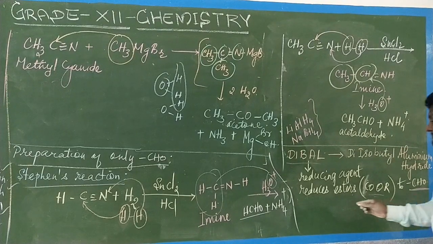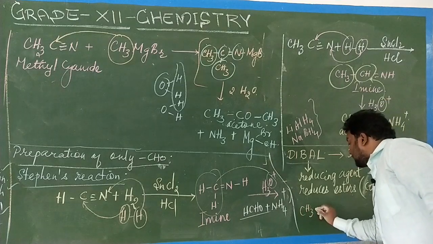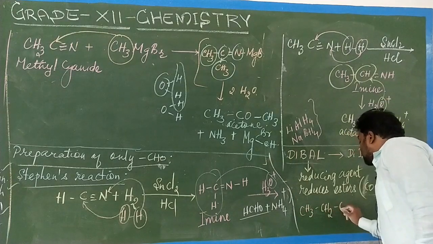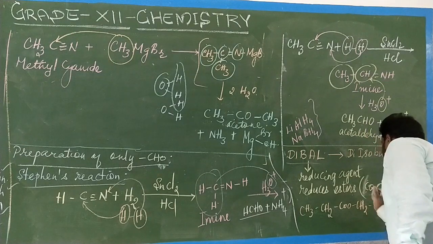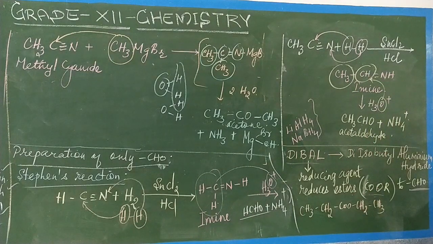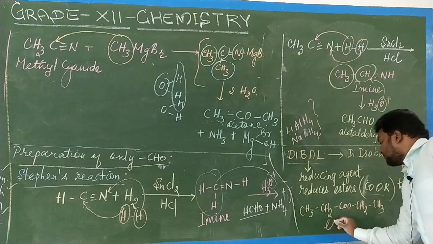So we will write CH3 CH2 COO CH2 CH3. This is an ester, right? We say it is an ester with a 5 carbon compound.